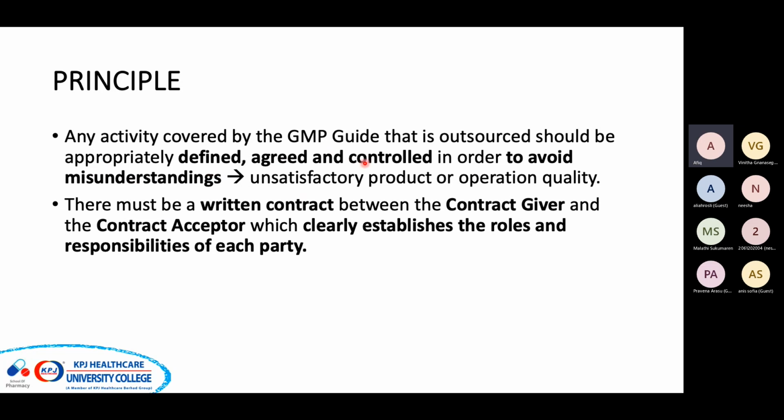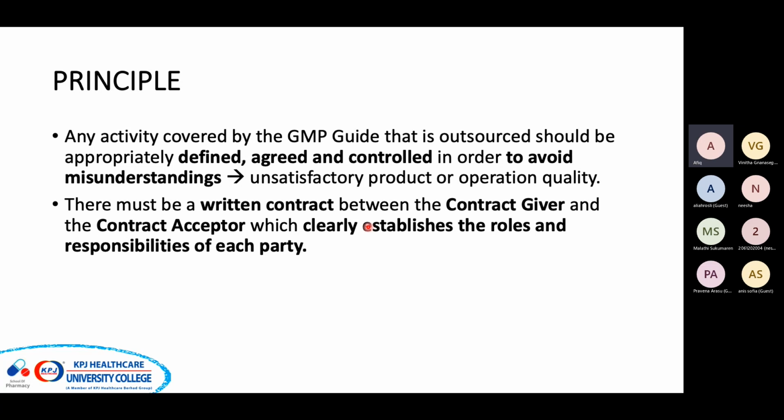That means everything has to be spelled out. What are the requirements? What are the specifications? You cannot leave any information from being put down in the contract, for example, because this will result in unsatisfactory product or operation quality, or it can also give rise to miscommunication.